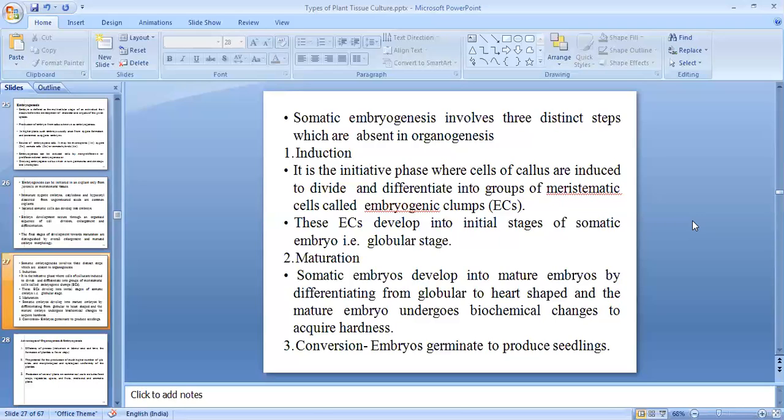Okay, so what are the three different stages in somatic embryogenesis? Induction, maturation, conversion. In induction, what happens? The embryogenic clumps are induced from the callus, and in the maturation, the globular stage is converted into heart-shaped cells by biochemical changes and it becomes hardened. And in the conversion, the embryos germinate to produce seedlings.